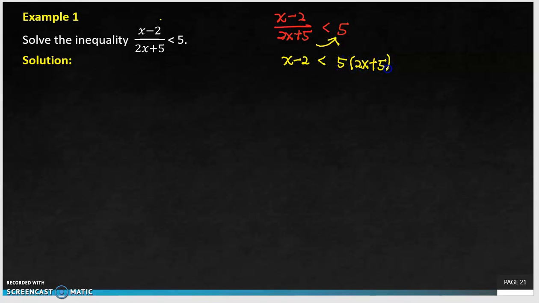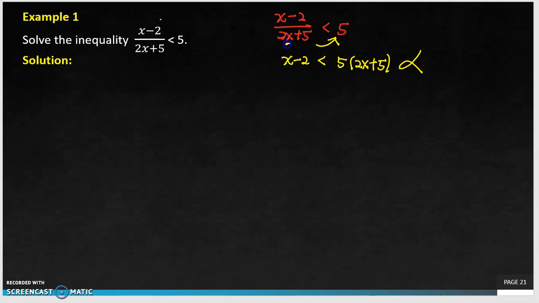And remember that this is wrong. Never multiply the denominator with variable x to the other side, so in this case, to the right hand side, unless the denominator is a constant.